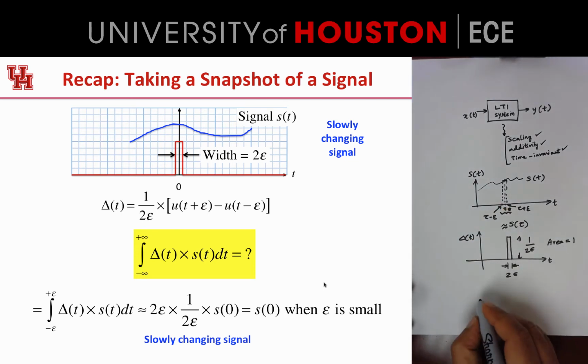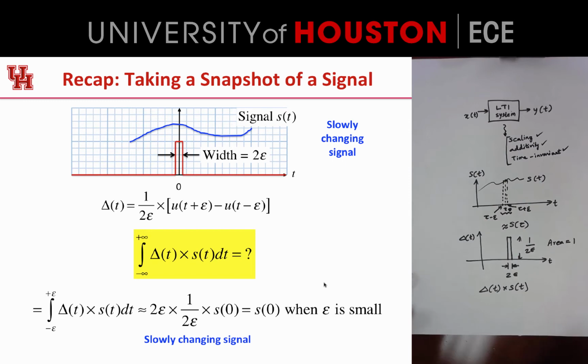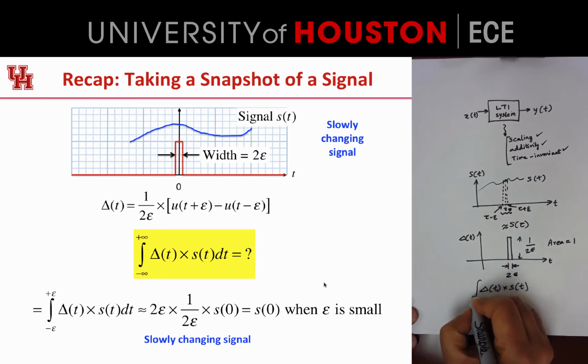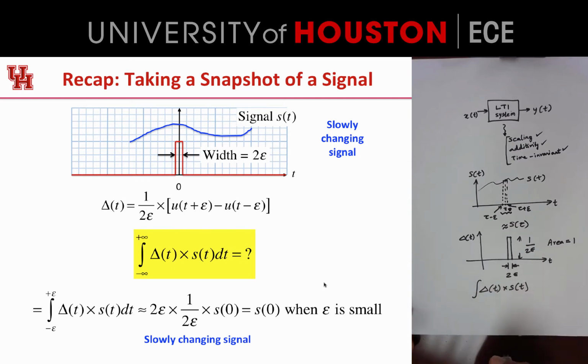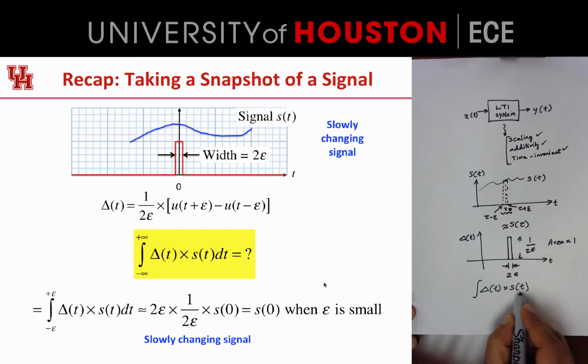So if I were to multiply this delta of t with s of t, and look at what happens to the integral, or the sum of this, right, then what's going to happen is that at this point here, it's going to take a snapshot of s of t, right?